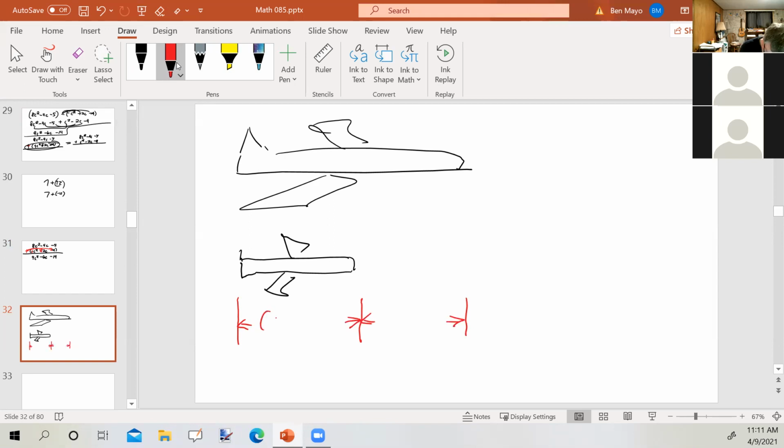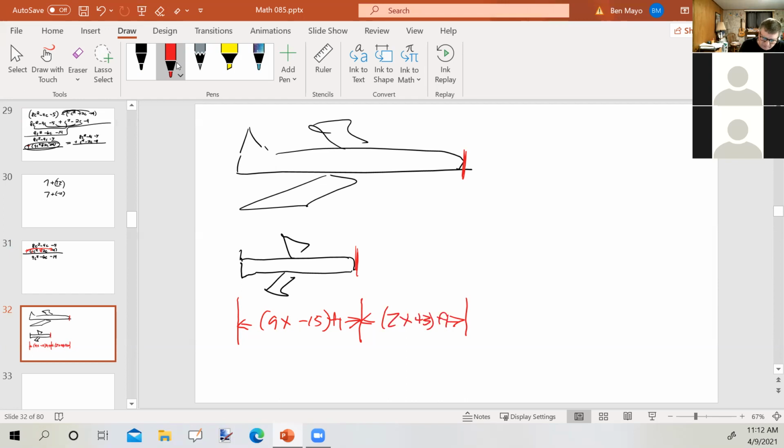This distance is 9x minus 15 feet. So the shorter plane is 9x minus 15 feet. The distance from the tip of the shorter plane to the tip of the longer plane is 2x plus 3 feet. It says find the polynomial that represents the length of the larger jet.